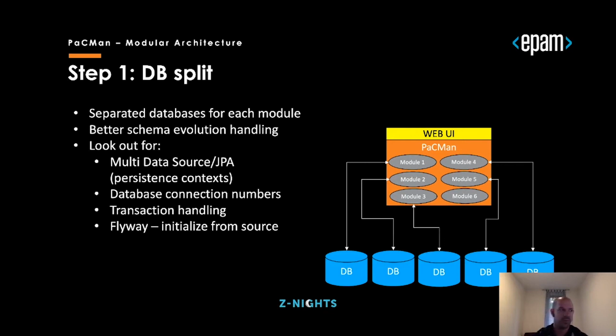If you have seen the previous picture, our application had a huge database at first, and later we decided, because of the schema evolution handling, to split this huge database into smaller ones for each individual module.